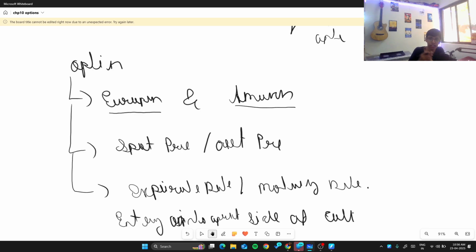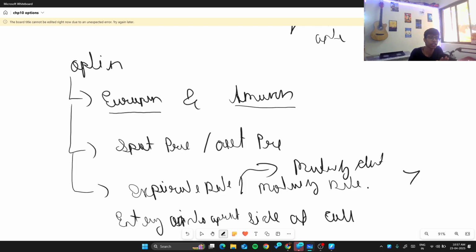If we buy the call contract, then at exercise the contract terminates, or we enter into the opposite side of the contract, we sell the contract. If we buy it, we sell it. If we sell it, we buy it, or we let it expire. It happens at maturity date.